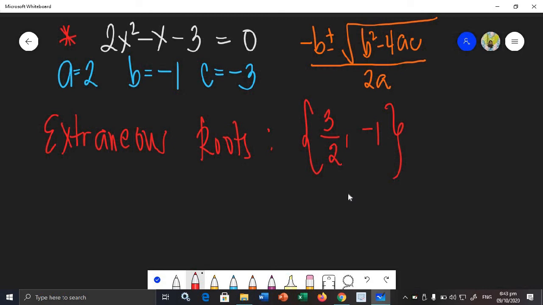Kaya hindi ko na sila sinama. Yung may mga rational na exponent, yan, hindi ko na siya sinama. And most of the time kasi sa problem solving po, ang given lang ay ang tatlong format na yan. Kaya, we can just disregard the other formats and focus on these 3 important formats. So I hope you learn a lot in this lesson.